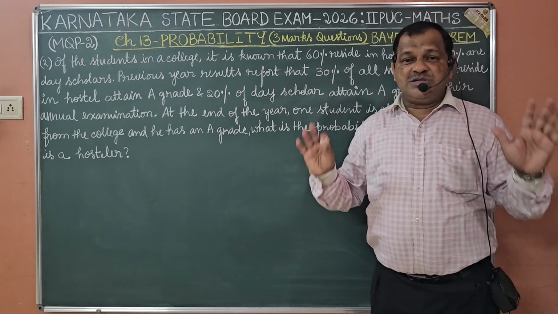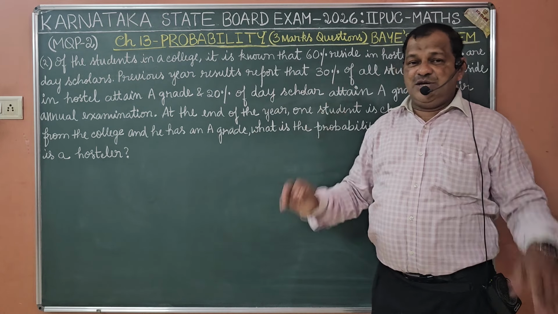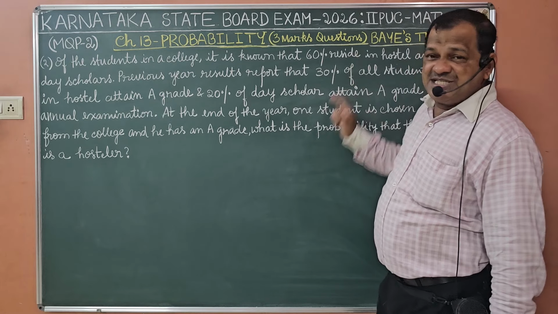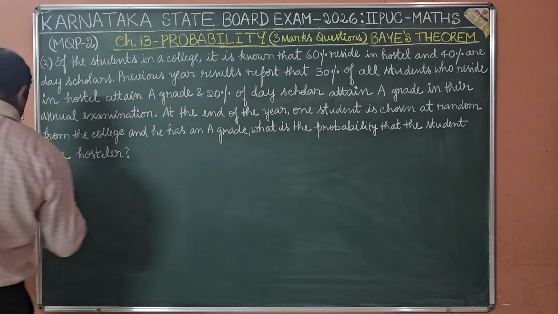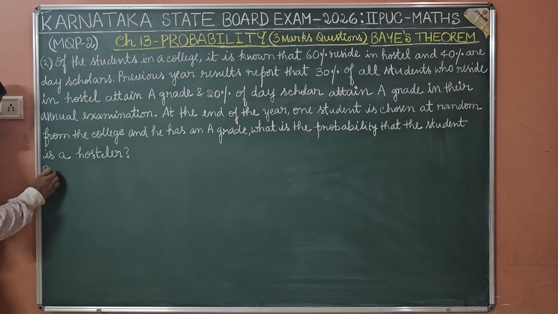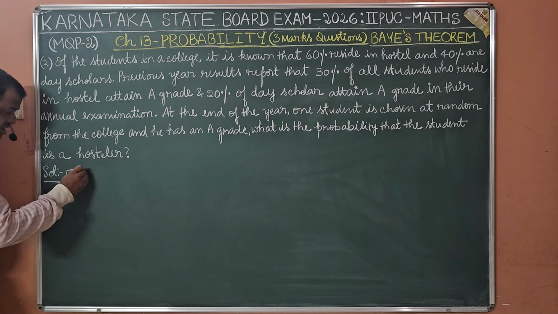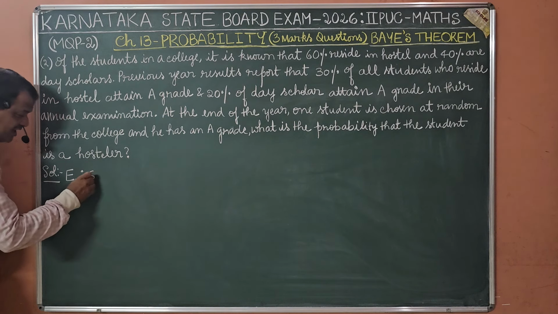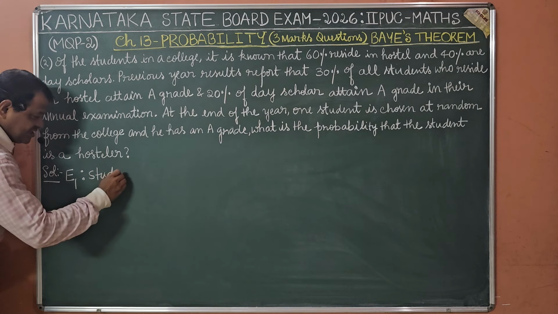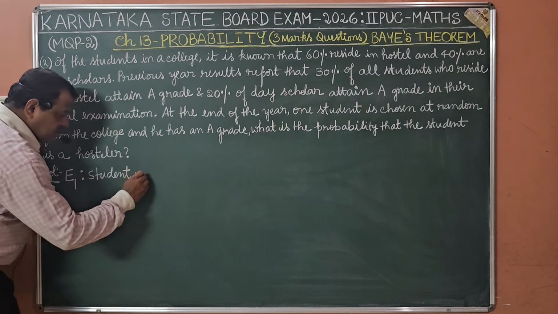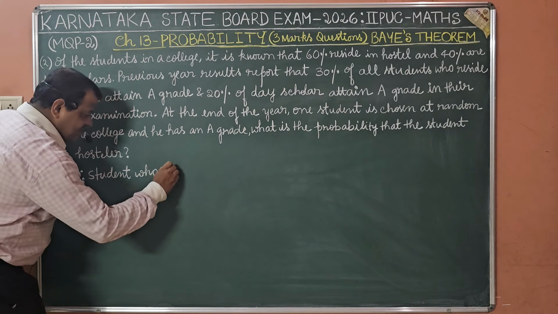So let us choose first of all event E1 and event E2. Event E1 is a selected student who resides in hostel. Say I start solution here. Say event E1 or the student who resides in hostel.